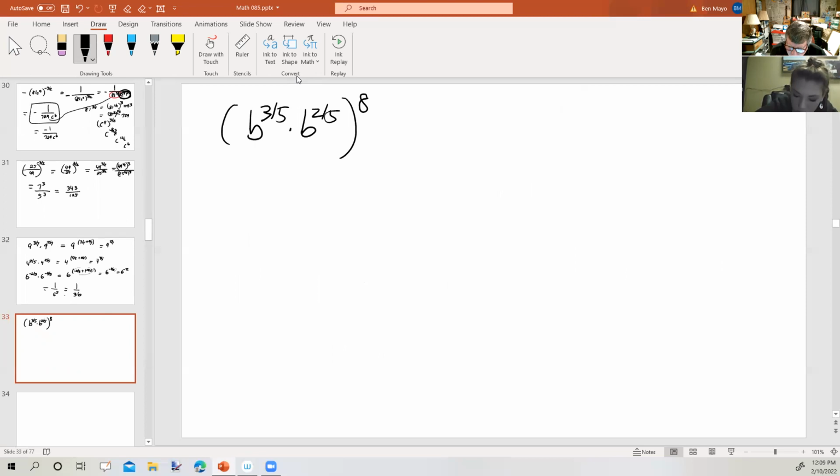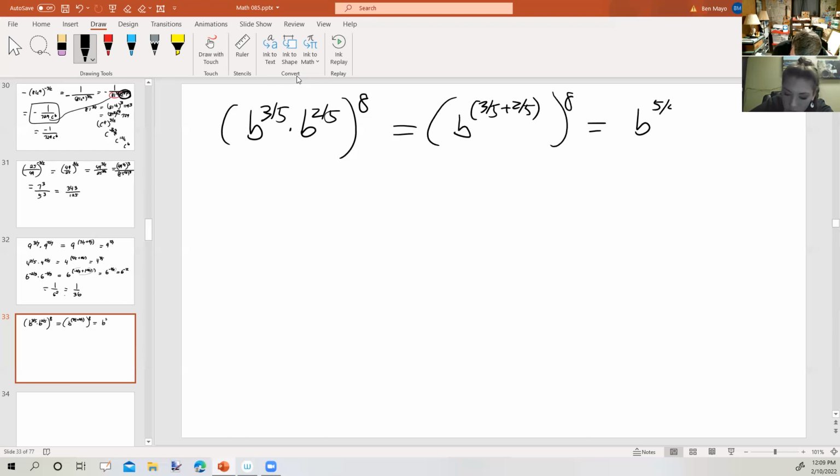So inside the parentheses, I'm multiplying two powers with the same base, so I'm going to add the exponents. 3/5 plus 2/5 is B to the 5/5, which is B to the 1, which is just B. But that whole thing is to the 8th power, so we've got B to the 8th power.